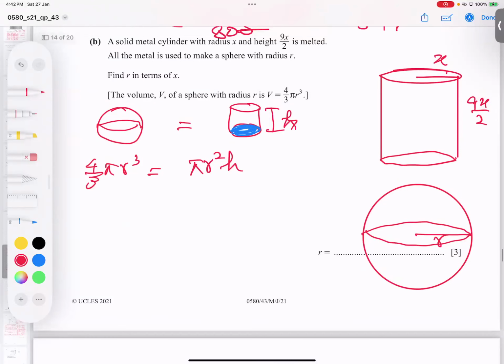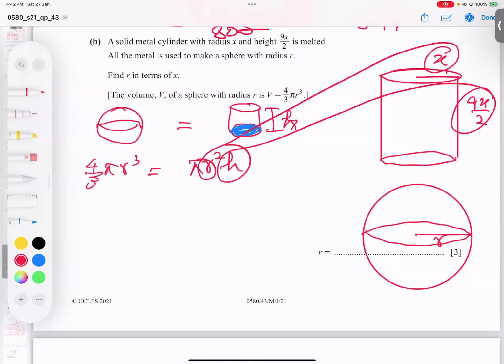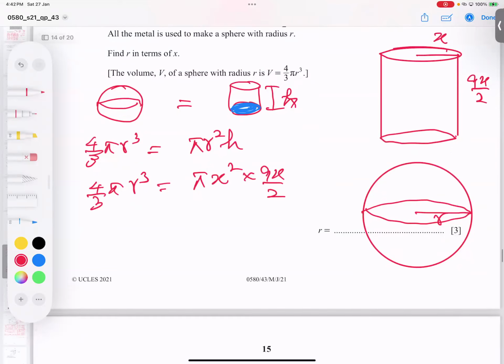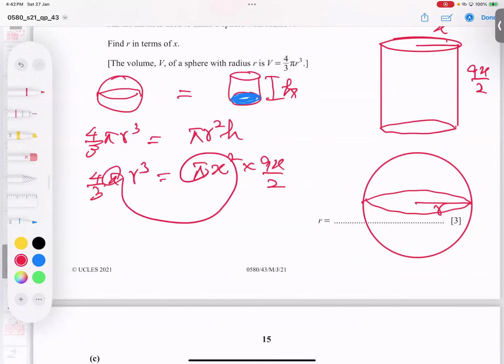Now students, plug in the values. This is coming in the place of height. This is coming in the place of r. So let's try to solve it. Pi, x will come in the place of r, so I get x square. Height is coming here, 9x by 2. And this r, I'm not changing, I'm leaving it as it is, r cube. But students, can you see this pi will cancel?